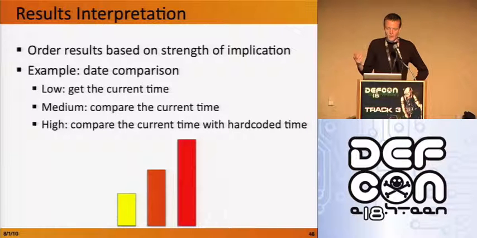So some problems, like accessing the current time, might only give us a low fidelity feed that it's an insider threat. There might be lots of reasons you access the current time. But if you compare that with a hard-coded time, that's pretty strange. Maybe that goes at the high end of the bucket. So each one of these breadcrumbs has a strength of implication. How likely is it to describe a real vulnerability?